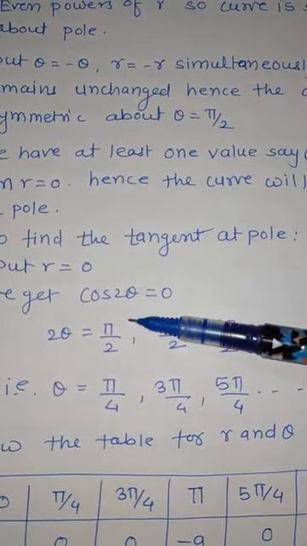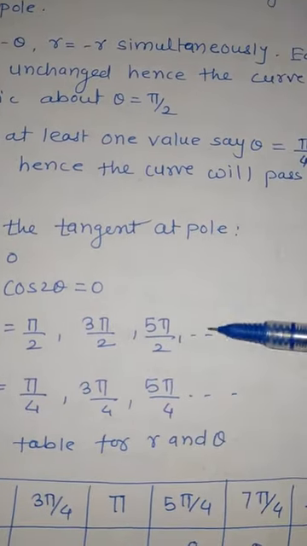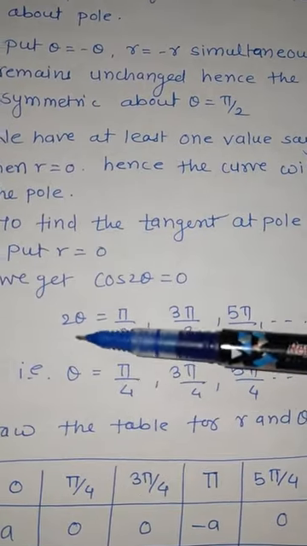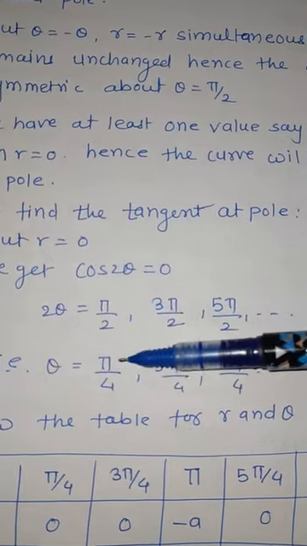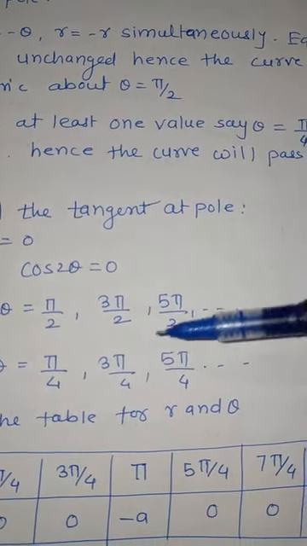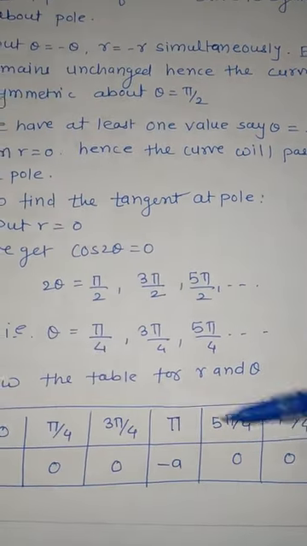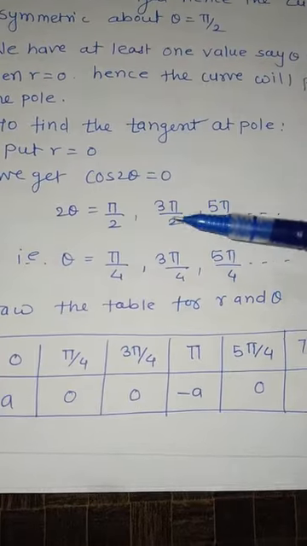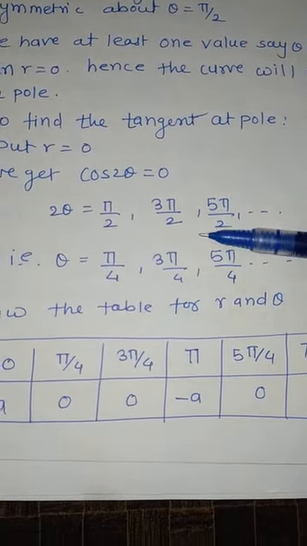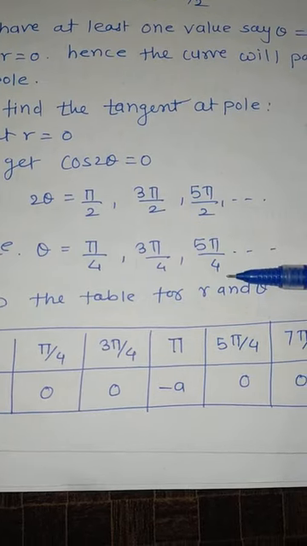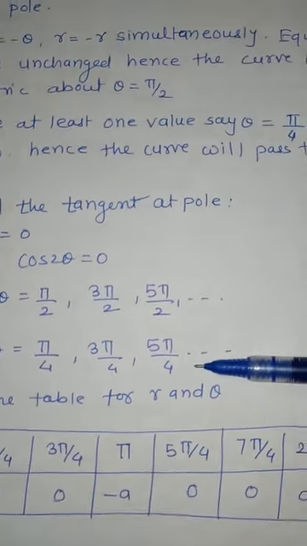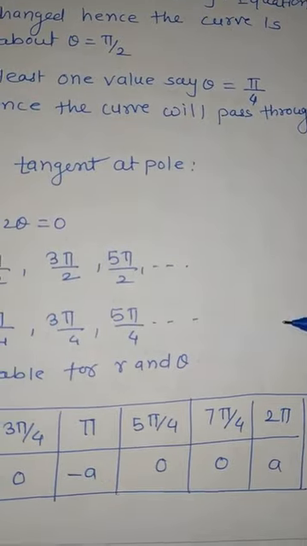When 2 theta is equal to pi by 2, 3 pi by 2, 5 pi by 2, and so on. So theta equals pi by 4, 3 pi by 4, 5 pi by 4, and so on. At the angles theta equals pi by 4, 3 pi by 4, 5 pi by 4, there exists a tangent at the pole.